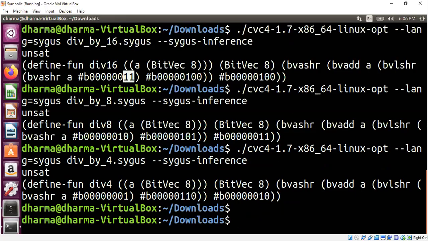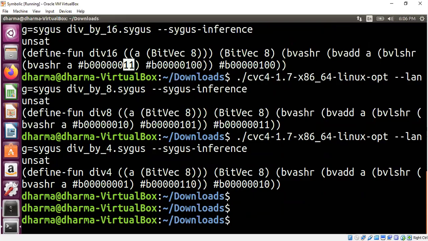So to make the long story short, what we synthesized is this particular expression, the expression that allows us to compute f of a by doing something as simple as this.